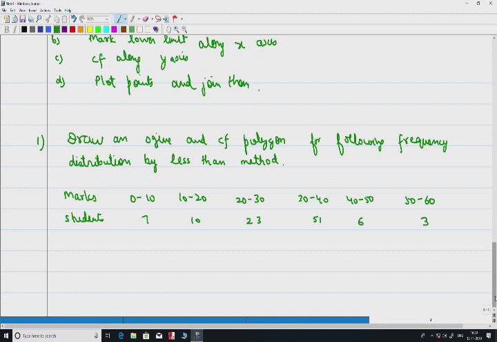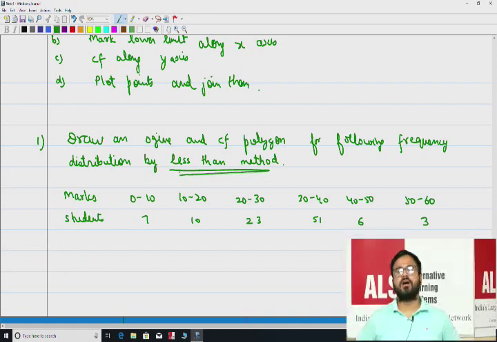Now how can we do that? First of all, this thing is very important over here, that is the less than method. In less than method, we have to consider the upper limit of every class interval. So you know the upper limit of each class interval is this. So we will write like this.